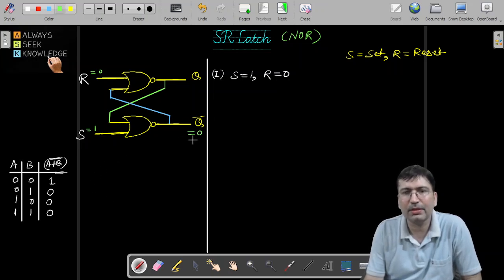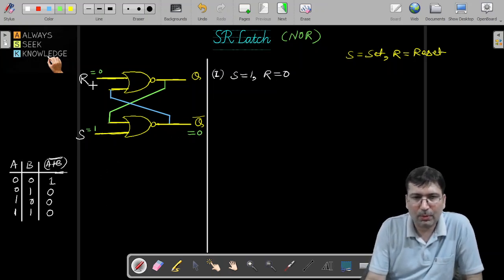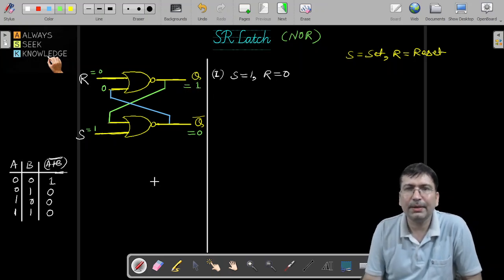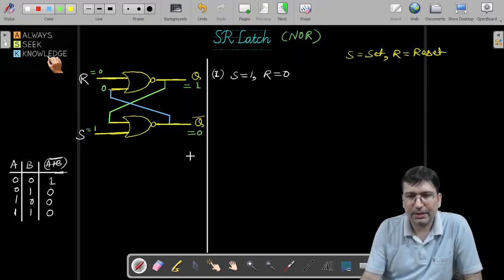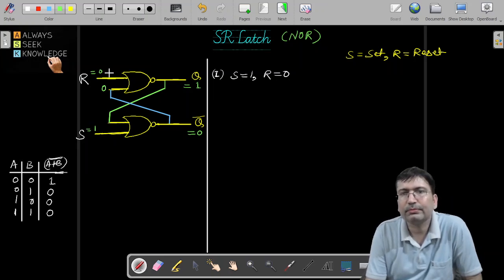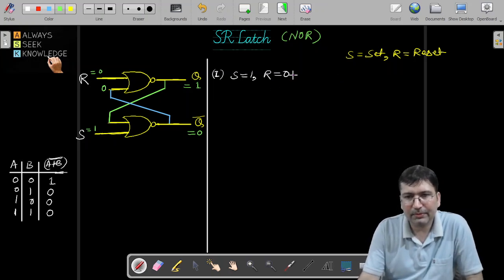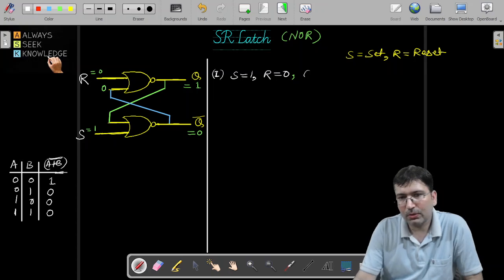So this Q bar will generate 0 and this 0 will propagate here and reflect here. Now this NOR gate will have both the inputs as 0, then the Q definitely will have value 1, right? So this is the saturated state of Q and Q bar when we are setting S as high and R as low. So in this case, Q we are getting as 1 and Q bar, obviously because it is the complement of it, it will be 0.